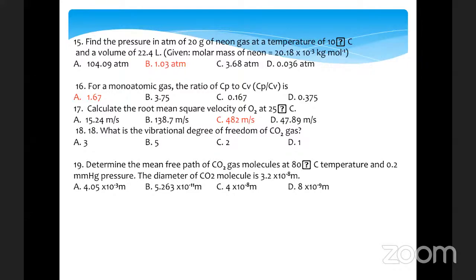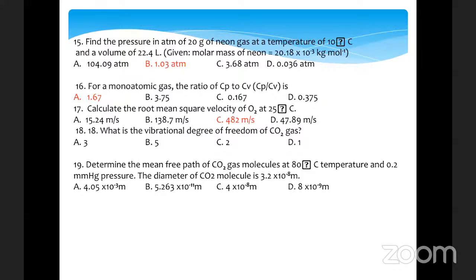What is the vibrational degree of freedom? I talked about this yesterday. What is the vibrational degree of freedom of CO2 gas? Okay, we will have to work that one out. Determine the mean free path of a CO2 gas molecule at 80 degrees C temperature and 0.2 millimeter mercury pressure.